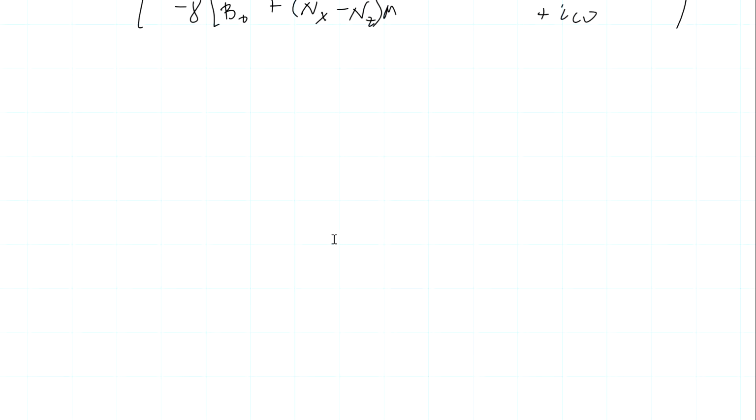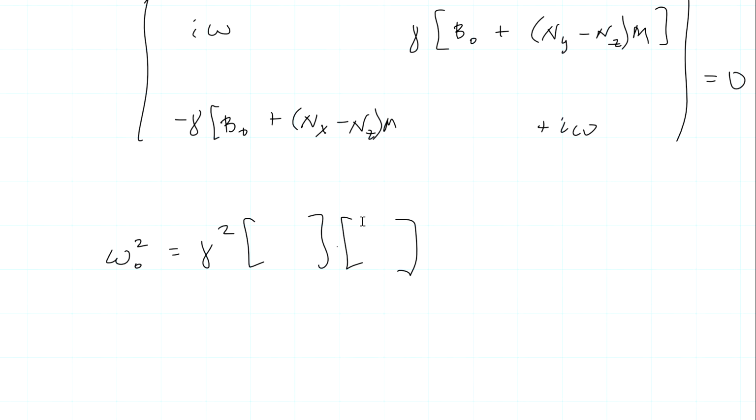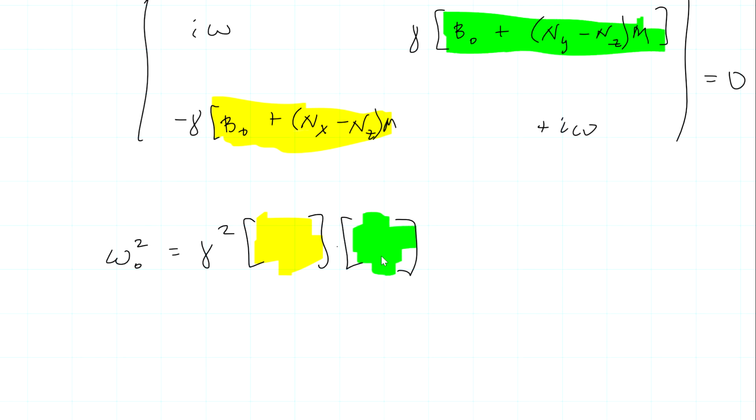What you will get is the following. You will get omega naught squared is equal to gamma squared, and there would be a product of these two. Let me highlight those. So this is this, and in green, this part is this part here.